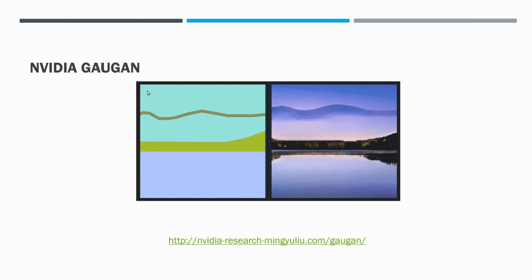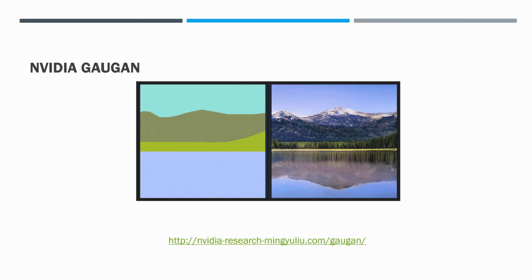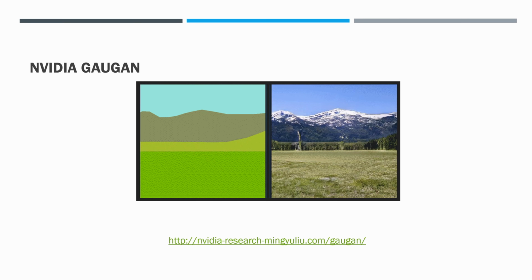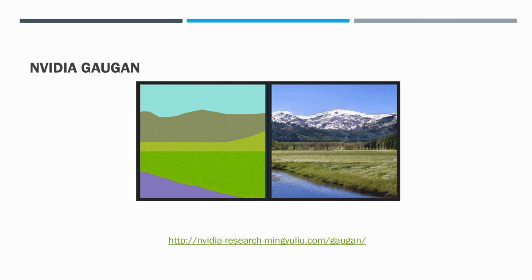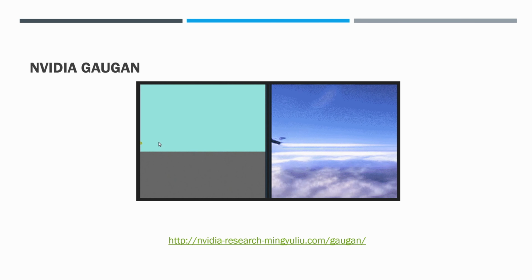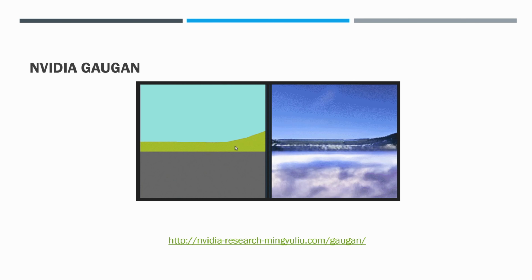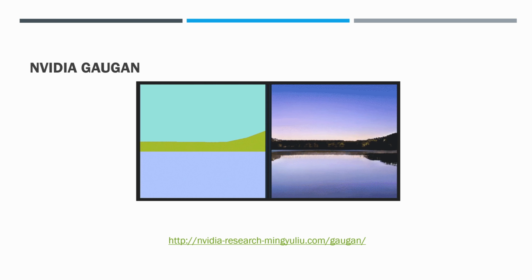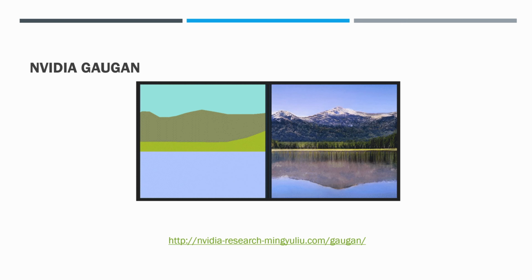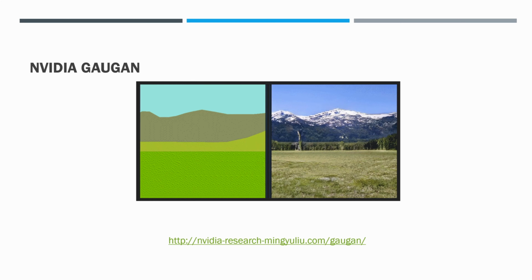So you can basically draw a landscape that you would like to generate with a few lines of drawing, and the GAN network is able to generate a photorealistic image of that landscape that you would like to see. Basically, with a model like this, anyone can be their own artist.